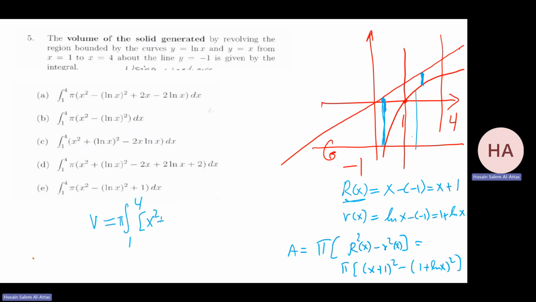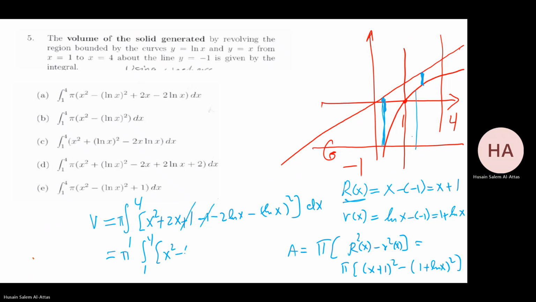That will be x squared plus 2x plus 1 minus 1 minus 2 ln x minus ln x squared. So the 1 cancels with the 1. And we have pi, the integral from 1 to 4 of x squared minus ln x squared plus 2x minus 2 ln x. I'm trying to write it the way he wrote it.